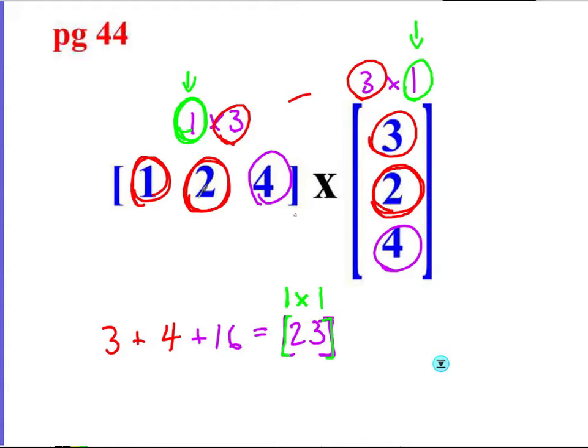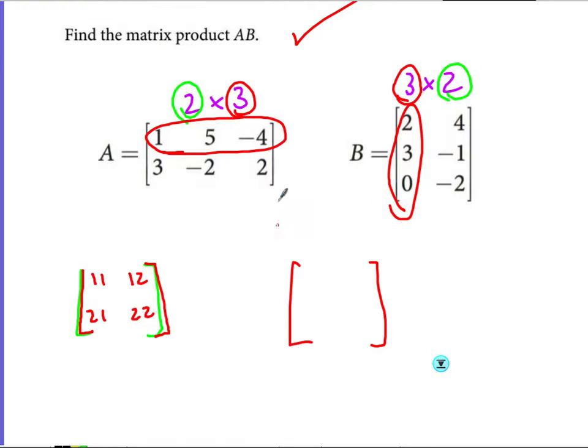Exactly the same way I did in the previous example. I multiply the first number in my row by the first number in my column. So it's 1 times 2, which is 2, plus 5 times 3, which is 15, plus negative 4 times 0, which is 0. When I add these together, 2 plus 15 plus 0, the sum is going to be the first entry of my A times B matrix.